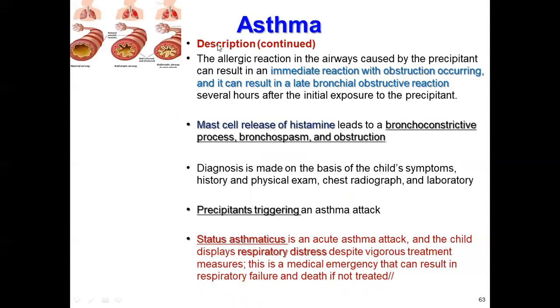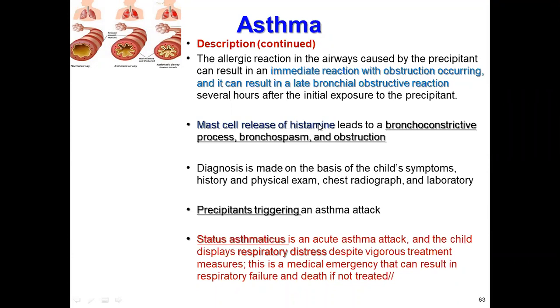Here we go, the description. The allergic reaction in the airway caused by precipitating factors can result in an immediate reaction with obstruction occurring, and it can result in a late bronchial obstructive reaction. Mast cells release histamine.